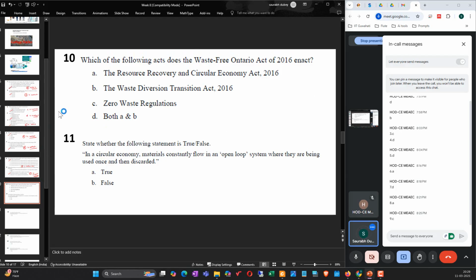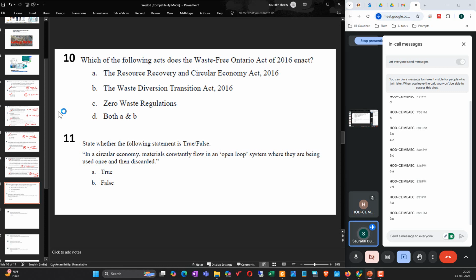So which of the following acts does the Waste Free Ontario Act of 2016 enact? Option A is the Resource Recovery and Circular Economy Act 2016. Option B is the Waste Diversion Transition Act 2016.